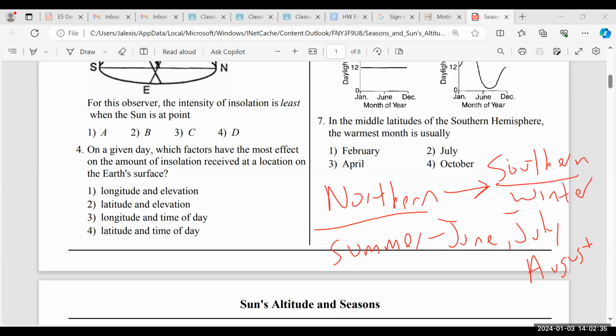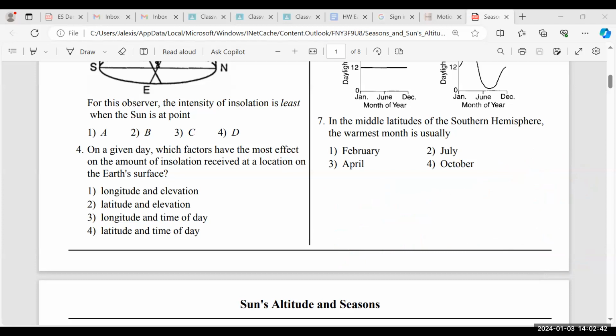So that means I got to ask myself, when it is cold in the northern hemisphere, it is warm in the southern hemisphere. So what months in the northern hemisphere are cold? Right, winter is where we have December, January, and February.